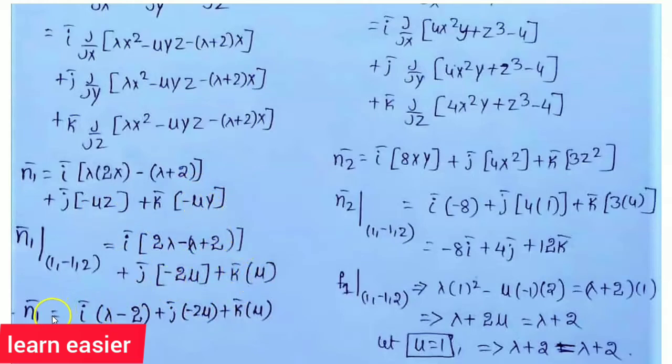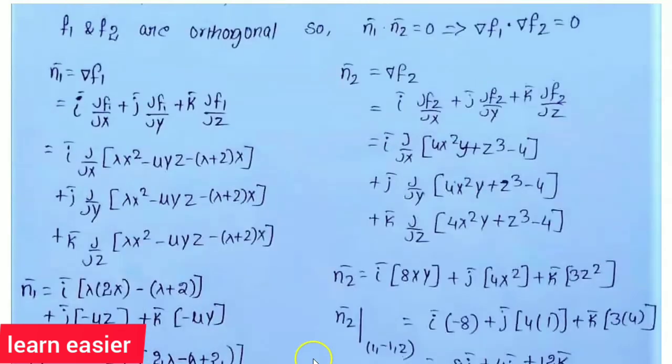So finally we get n1 bar equal to i bar into lambda minus 2, because 2 lambda minus lambda, and minus into plus is minus, and 2 lambda minus 2. So n1 bar is i bar into lambda minus 2, plus j bar into minus 2 mu, plus k bar into mu.